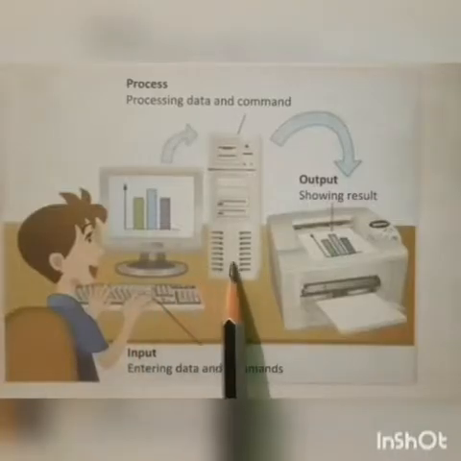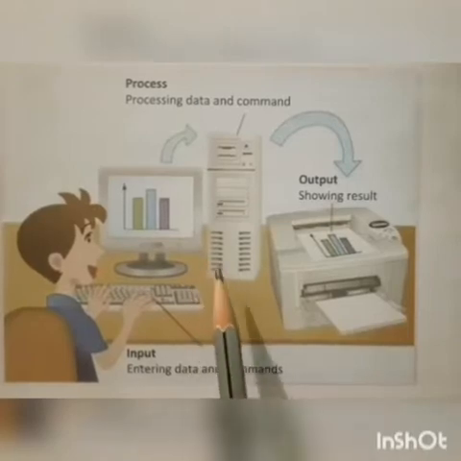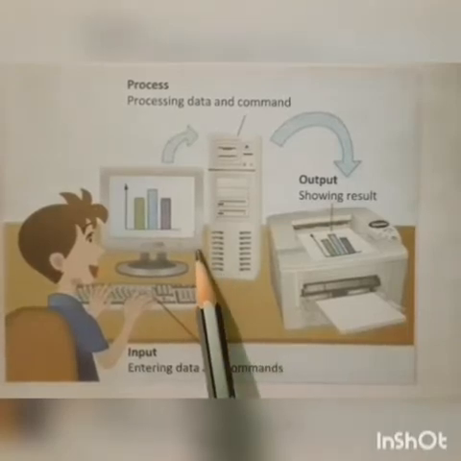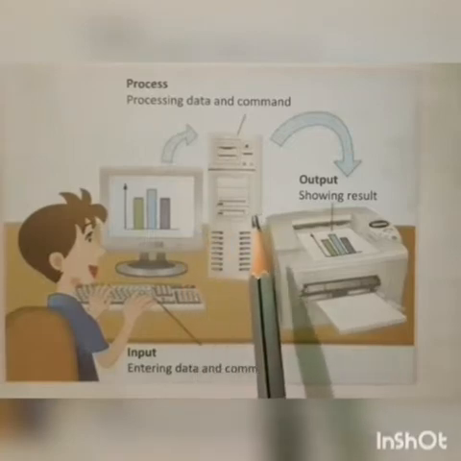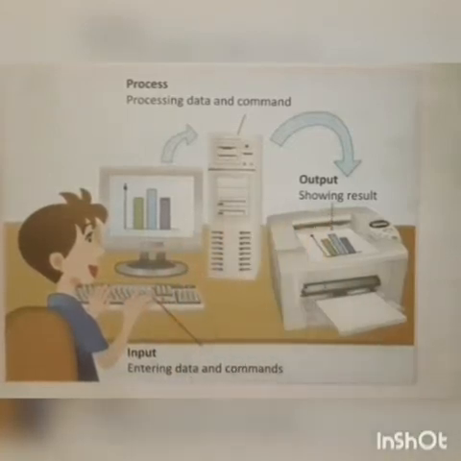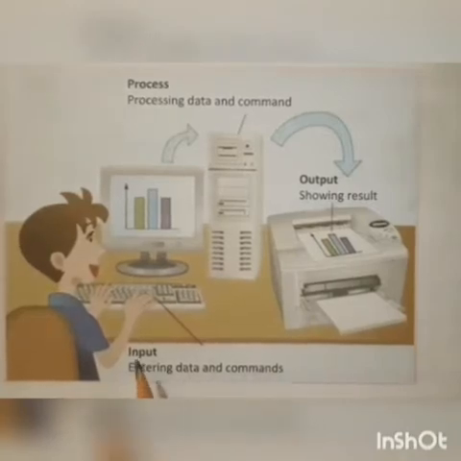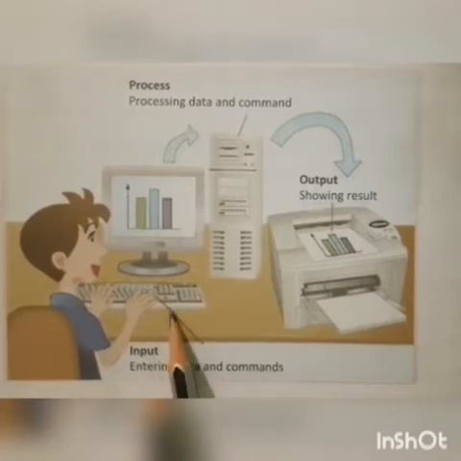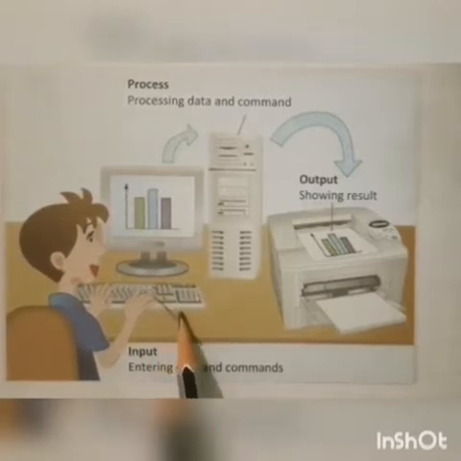Children, look at this picture. As we all know, a computer is an electronic device and it works on the IPO cycle, meaning input, process and output, where the data and commands are entered as input, and these data and commands are entered by input devices like keyboard and mouse.